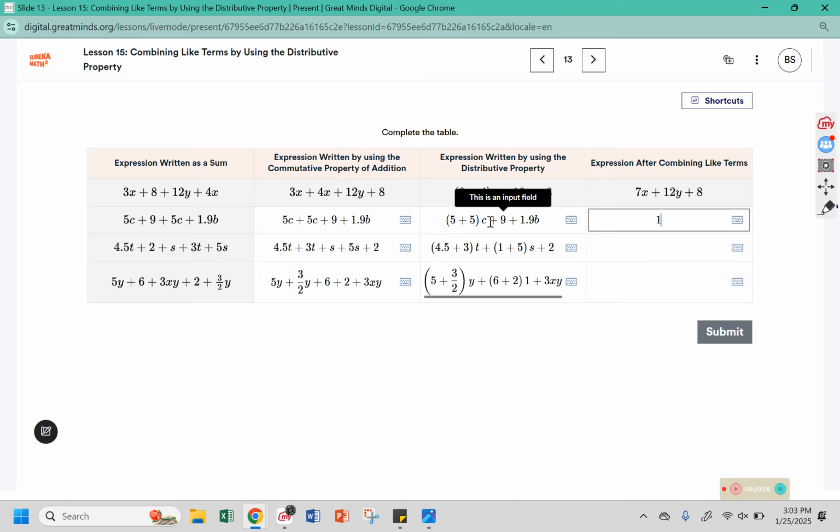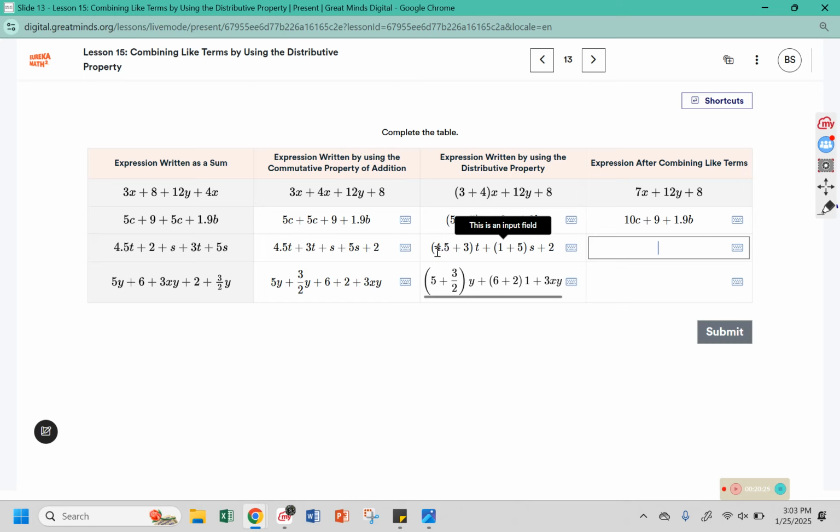5 plus 5 is 10, so this is 10c plus 9 plus 1.9b. Here, if I add 4.5 and 3, that is 7.5t. 1 plus 5 is 6, so that is 6s.